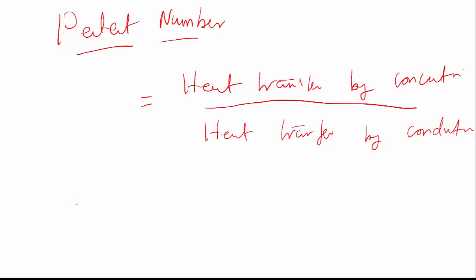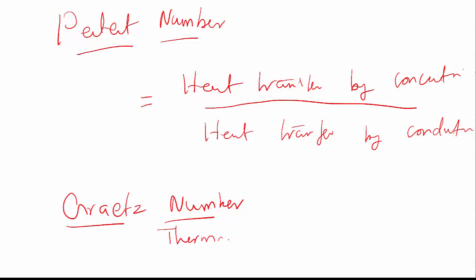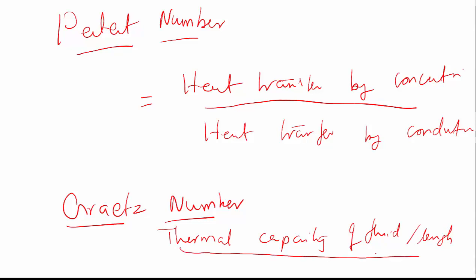The Graetz number means the ratio between the thermal capacity of the fluid per unit length and the thermal conductivity. Thermal capacity means the heat carrying capacity of the fluid per length, divided by the thermal conductivity of the particular material. This displays the fluid property and the material property, because the fluid flows over the plate or inside the pipe, and the fluid contacts the surface.